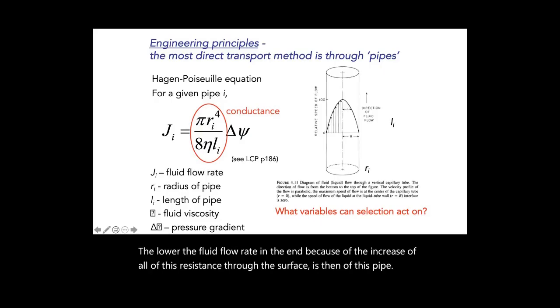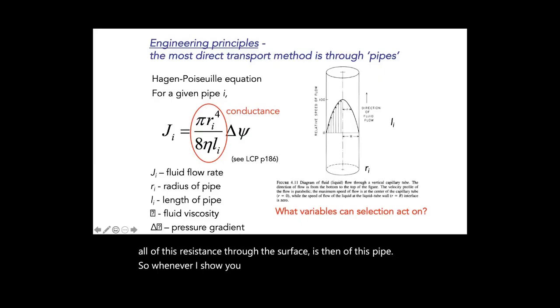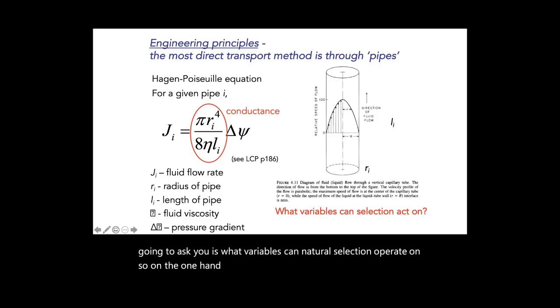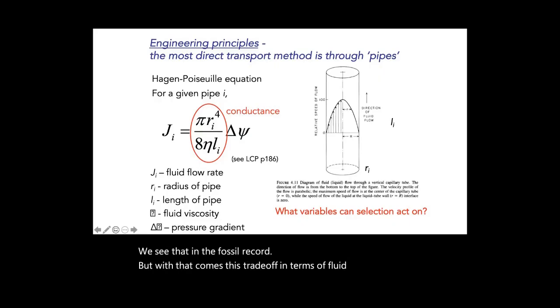So whenever I show you an equation, the first thing I'm going to ask you is, what variables can natural selection operate on? So on the one hand, natural selection is operating for plants to become bigger, taller. We see that in the fossil record. But with that comes this trade-off in terms of fluid flow rates.